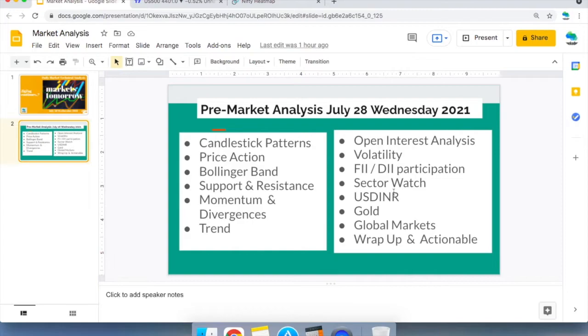So that's a wrap up of the pre-market analysis that we are doing for tomorrow's trading. So just to summarize, we can see that resistance has hit the index, and it continues to be doing the zigzag, going up 500 points, coming down 500 points.